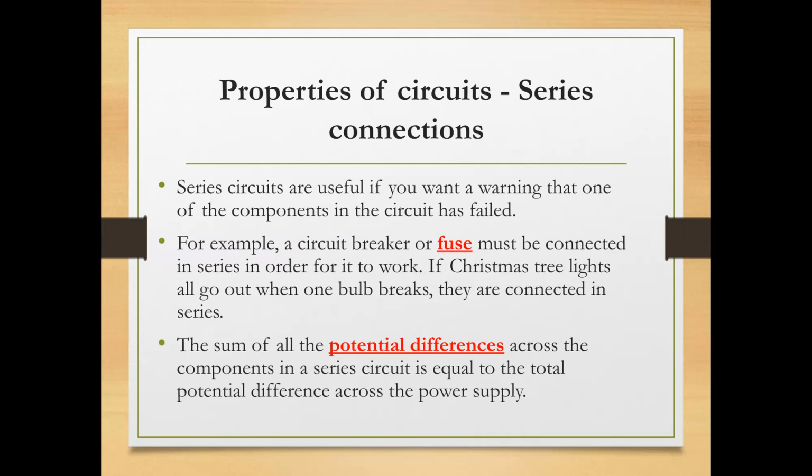On a circuit breaker, a fuse must be connected in series in order for it to work. If Christmas tree lights all go out when one bulb breaks, they are connected in series. That's another example. So the sum of all the potential differences across the components in a series circuit is equal to the total potential difference across the power supply.